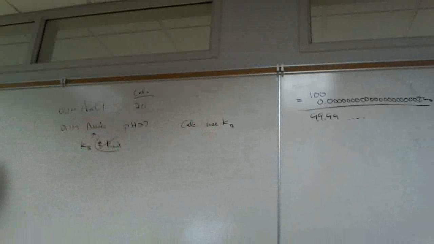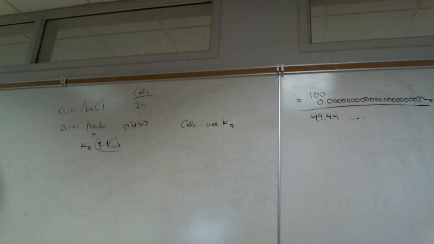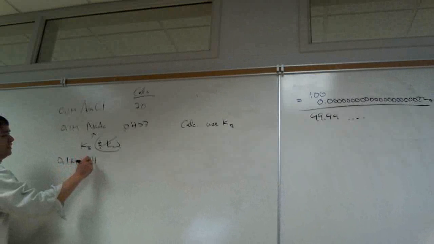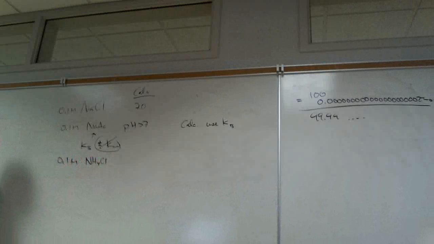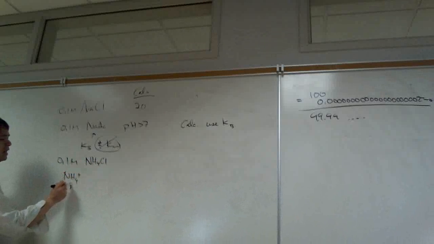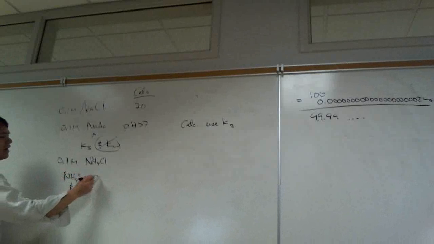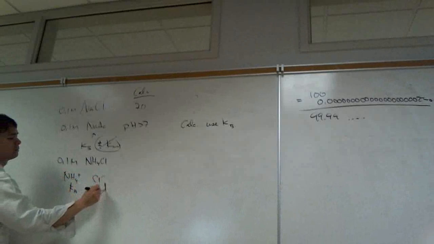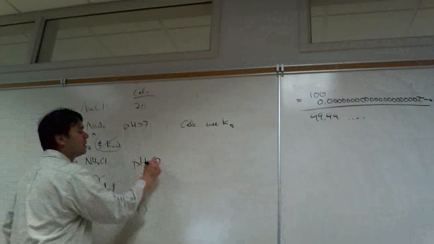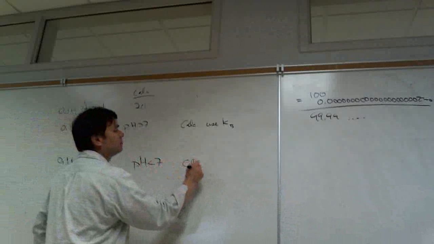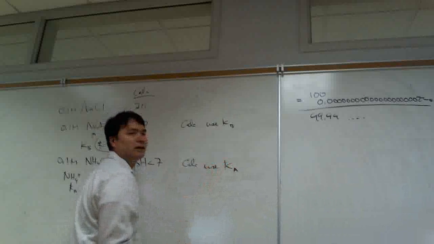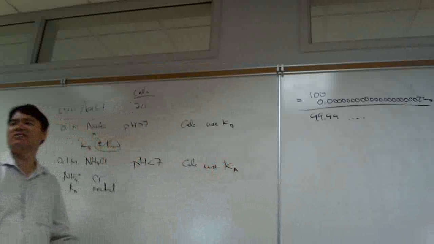Okay, what's the next one? Okay, 0.1 molar ammonium chloride. Ammonium ions are acid, Ka. Chloride is neutral. And so the pH should be less than 7, and we calculate the pH using Ka. Would you worry about Kw, adding a little bit more hydronium?